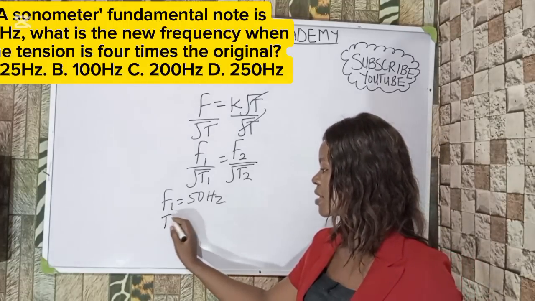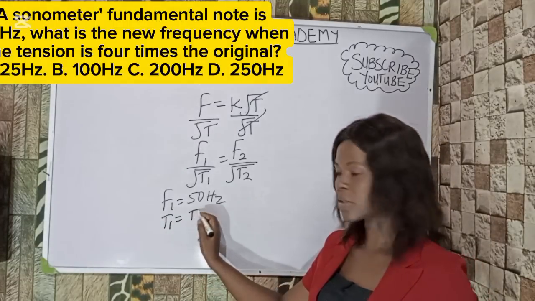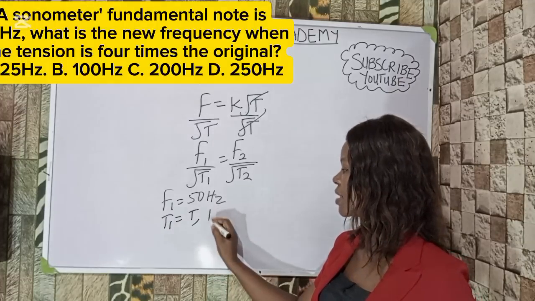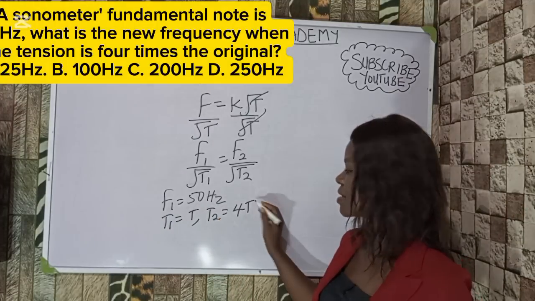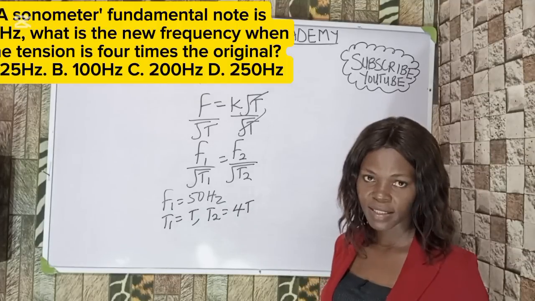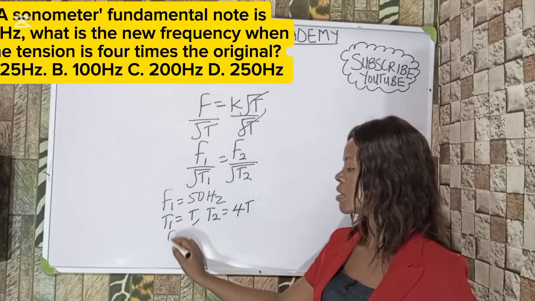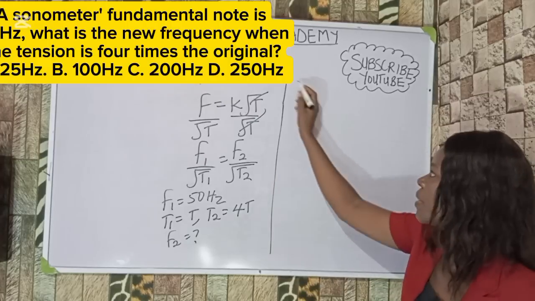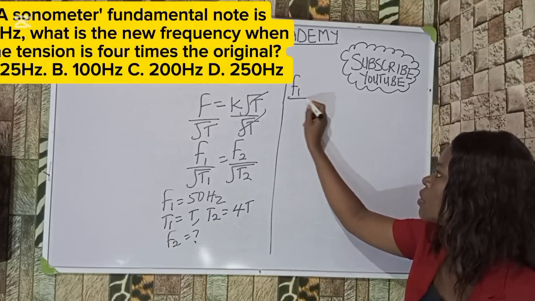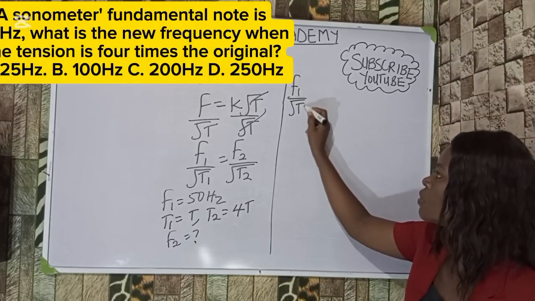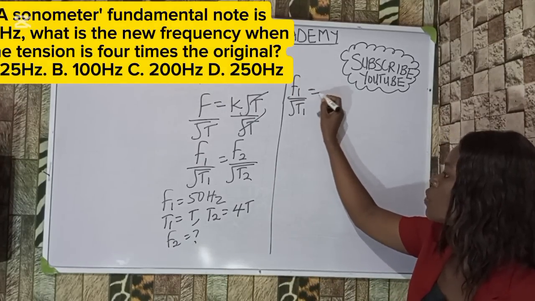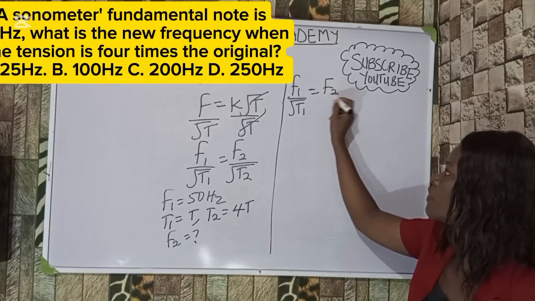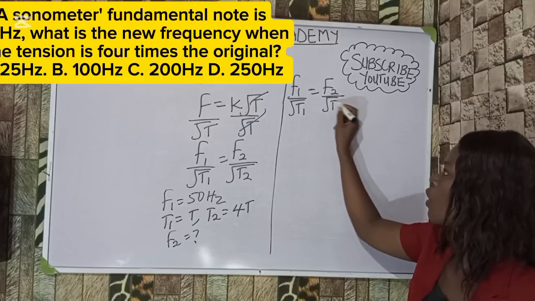So we have that T1 is equal to T, then T2 is equal to 4T. I hope that is clear. So we are looking for the second frequency. We can work it out by saying F1 over root of T1 is equal to F2 over root of T2.